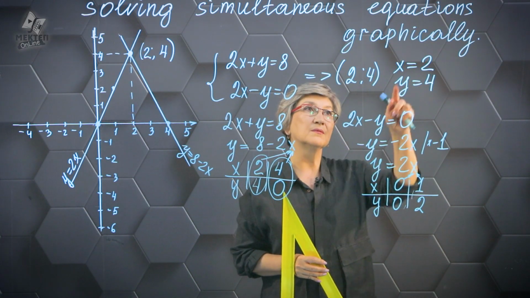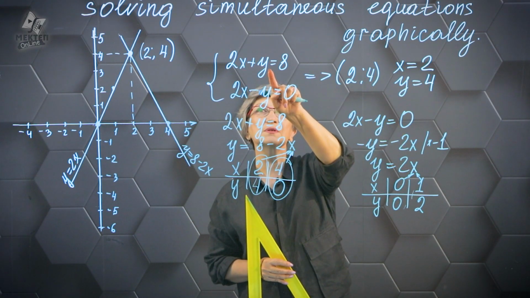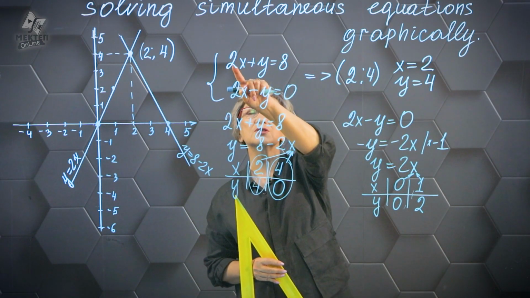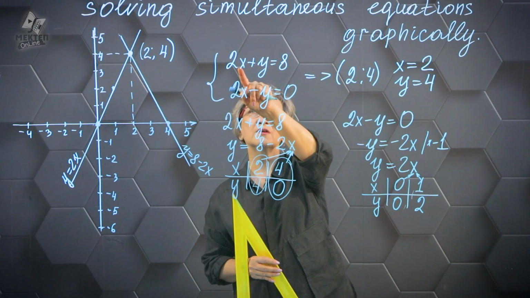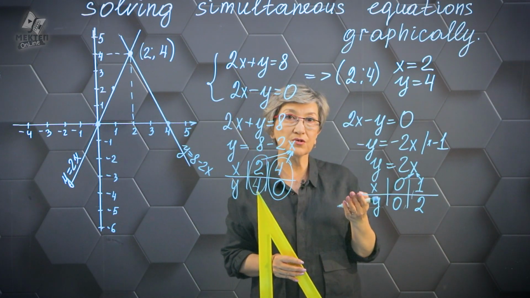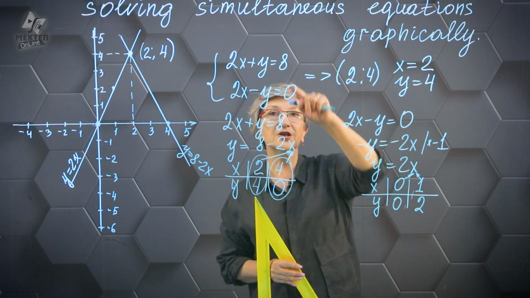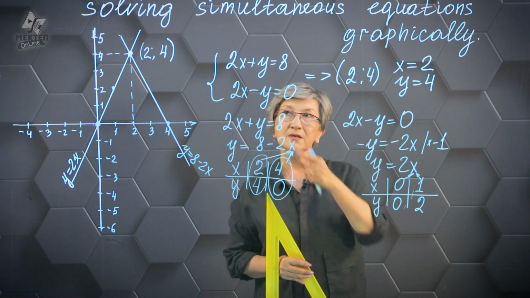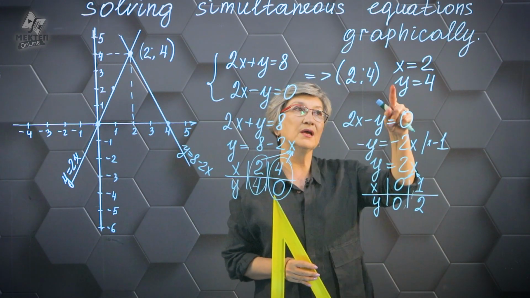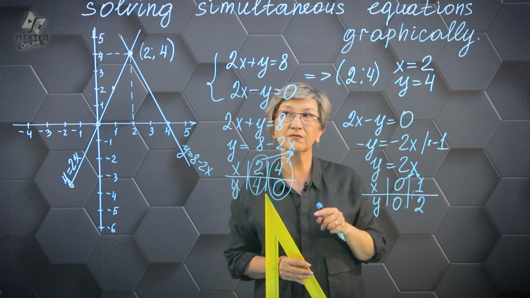Let's check. If we substitute 2 for x and 4 for y, we get 2 times 2 plus 4. 2 multiplied by 2 is 4. 4 plus 4 is 8. So this number pair is the solution to the first equation. But if the condition states a system, then this pair of numbers must also be a solution to the second equation.